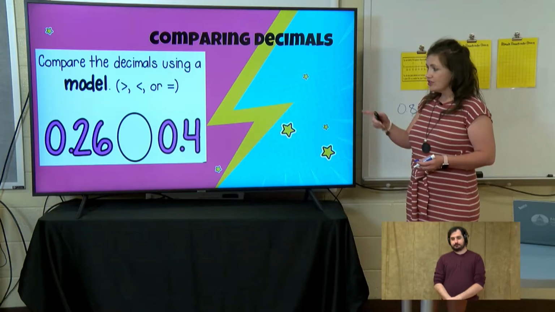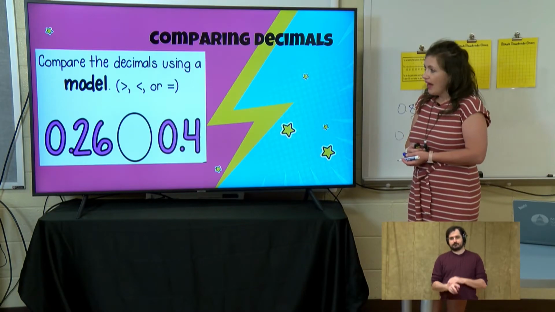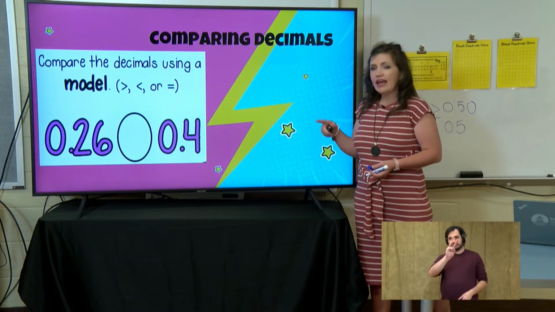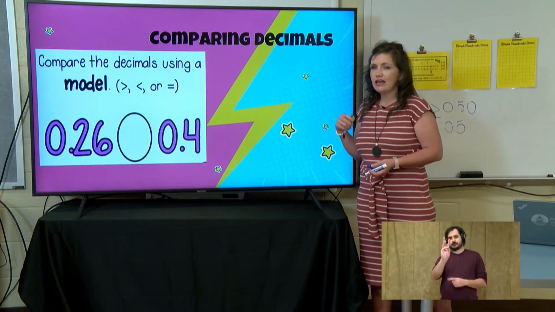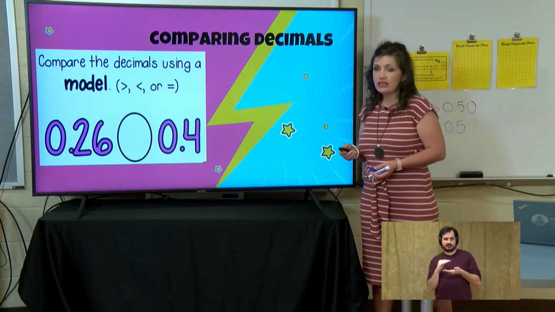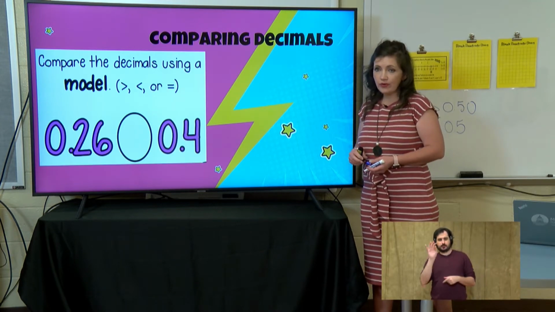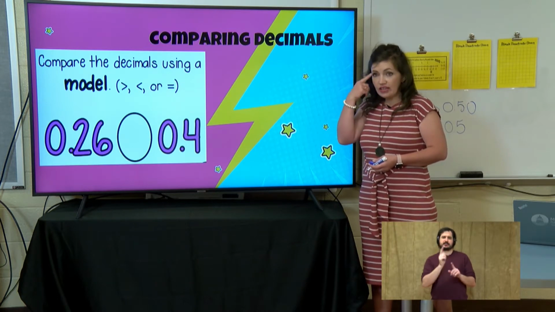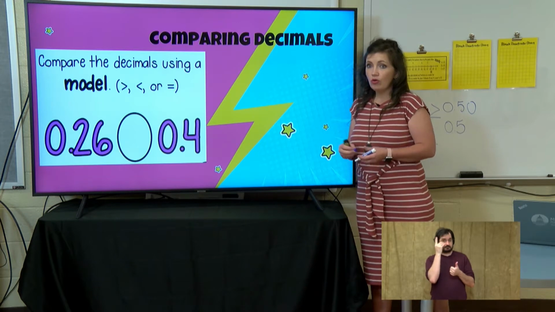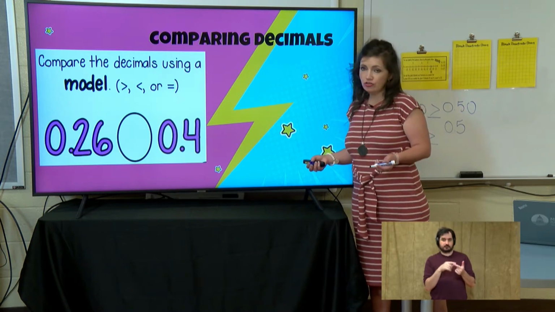All right, so let's look at this problem. I have 26 hundredths and I want to say, is that greater than, less than, or equal to 4/10? Well, there's several different ways we could do that. We could think about money. We could draw a number line, or we could do a model on our hundredths chart.